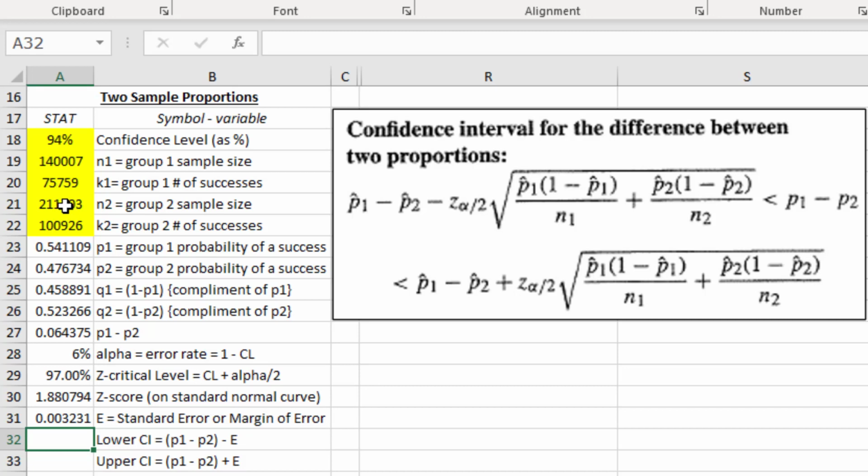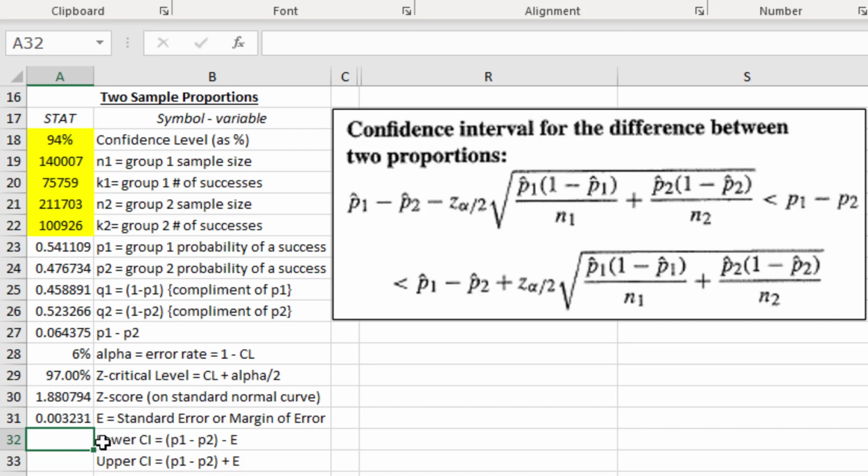Then the last thing we need to do is calculate the actual confidence intervals, which is just, as you can see here in the equation, we're taking the difference in the two p's, this thing that we did right here, and we're subtracting this margin of error, and then we're adding the margin of error.